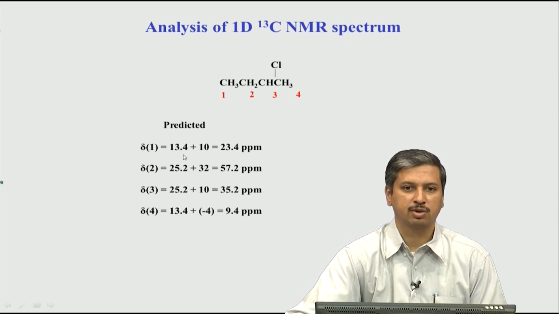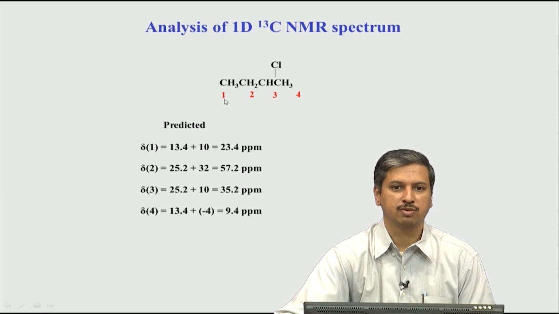I will take the base value as 13.4. I am now calculating for this carbon. For this carbon, I am looking at the base value 13.4, because remember, in the butane system, we saw in the first slide that the base value should be taken as 13.4.